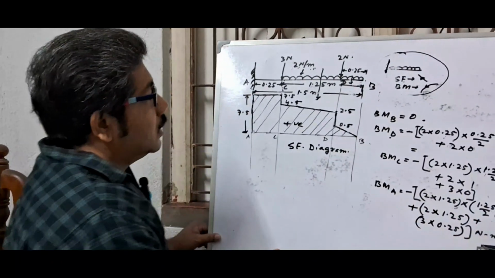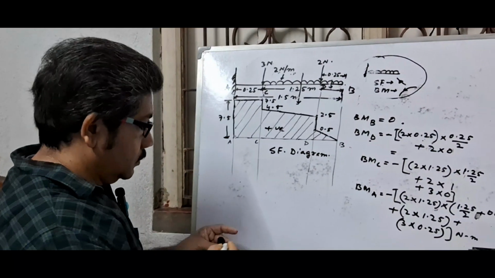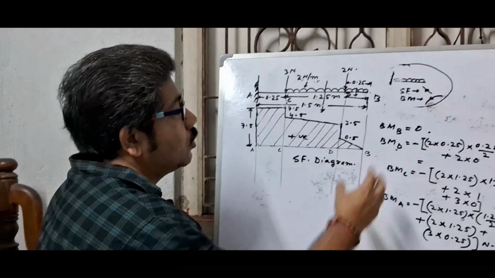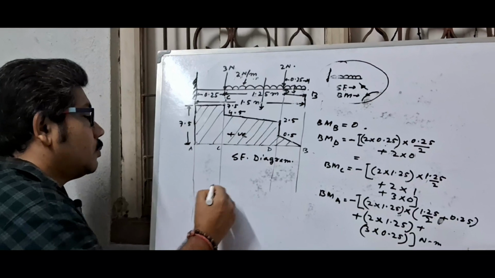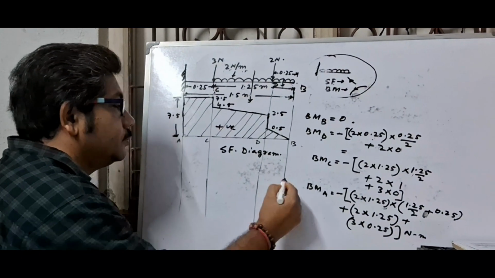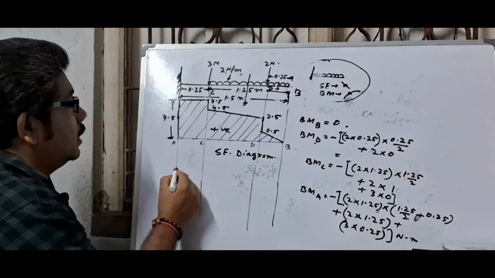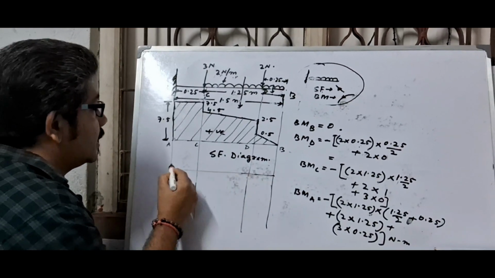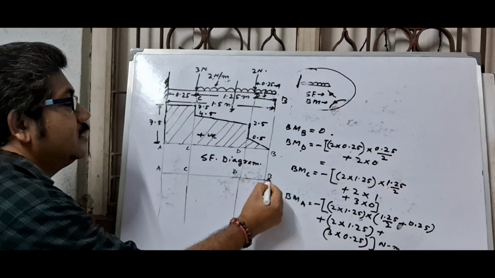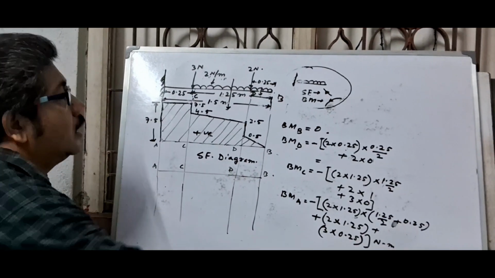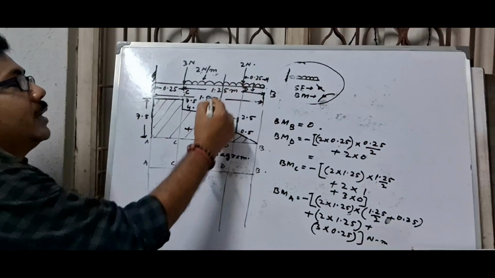Now taking all the values of BM, draw the BM diagram. First of all, the projection lines. This is the reference line. This is A, C, D, B. Now look at the board.